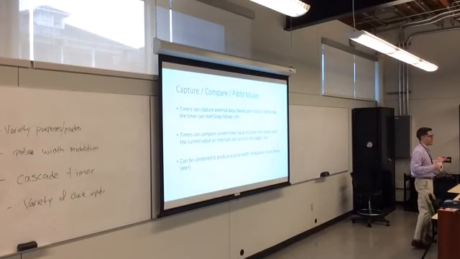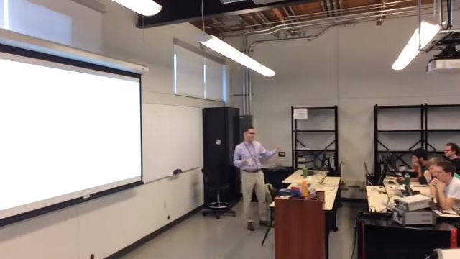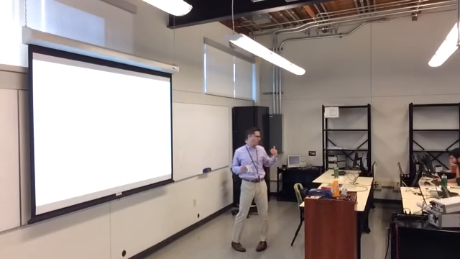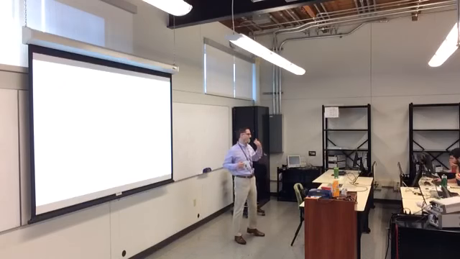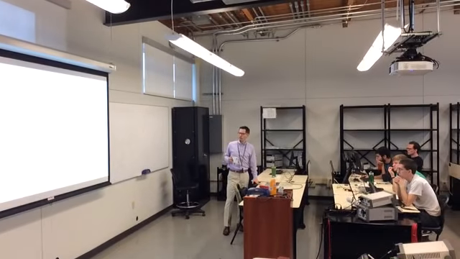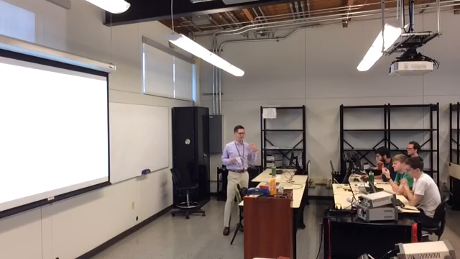So capture is reading in some data, and compare is looking at your current timer value against some sort of data value and then doing something with it. We'll talk a little bit about this when we get to PWM modes and how you can generate PWM signals of an arbitrary duty cycle.